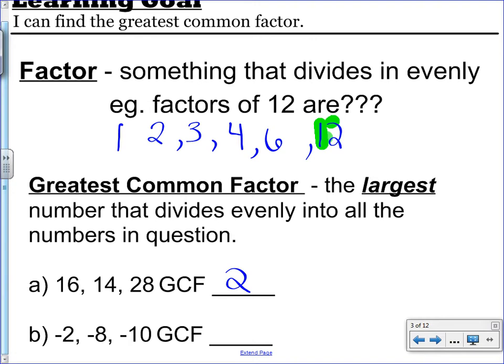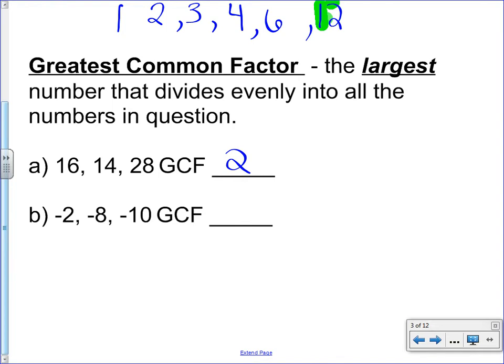What about -2, -8, or -10? What is my greatest common factor here? Austin? -2.